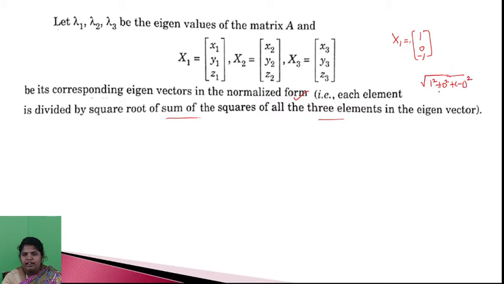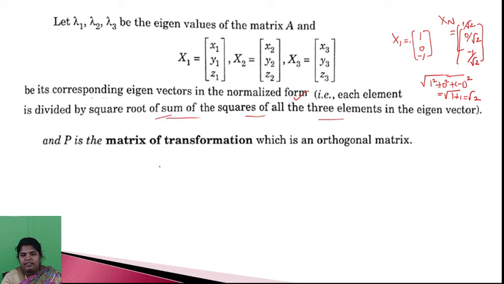So we can write root of 1 plus 1, root 2. So the normalized vector for this x1 is 1 by root 2, 0 by root 2, minus 1 by root 2. So this corresponds to the normalized form. So to each and every element, we should divide by the square root of the sum of squares of all the three elements in the given eigenvector.